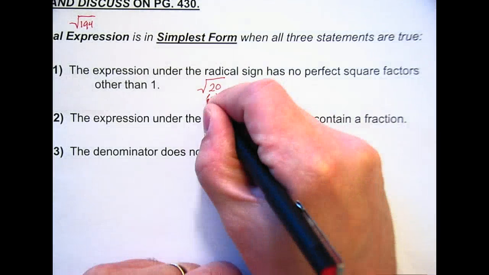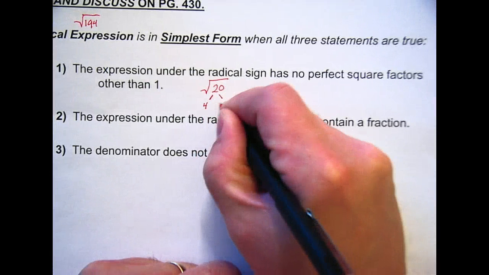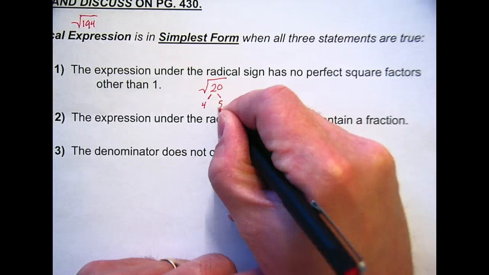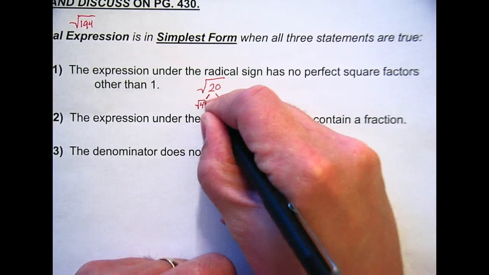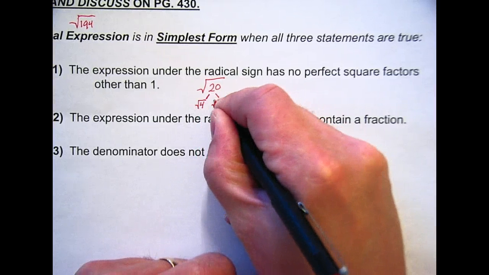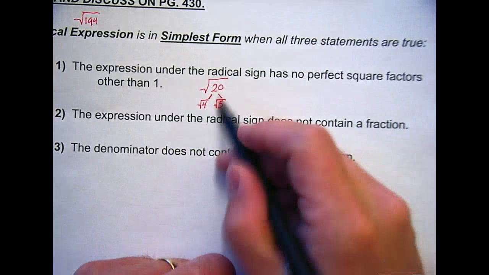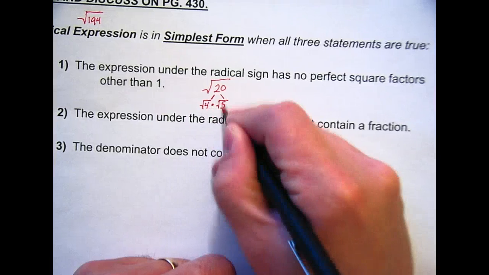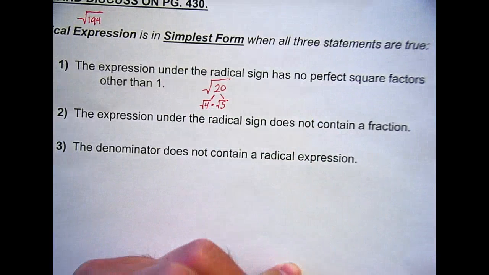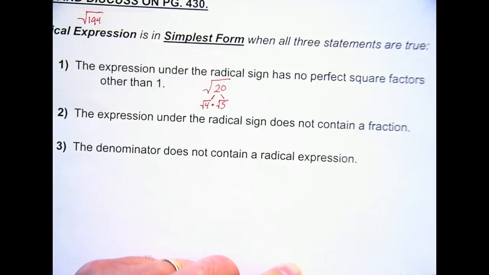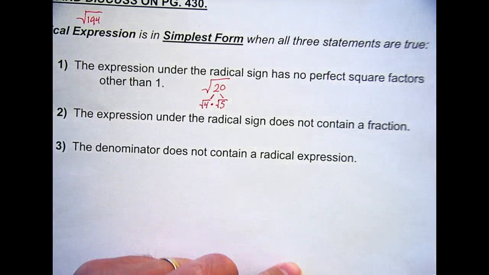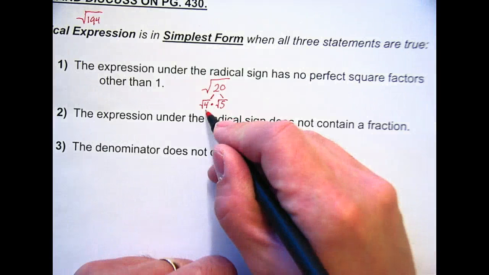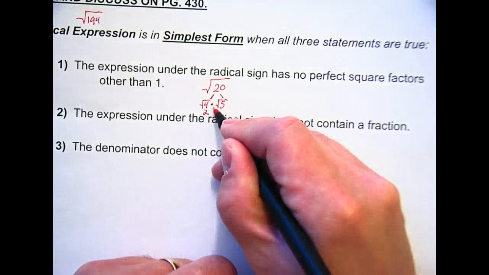We could break this into 4 times 5. And we have to put the root symbols in there as well because it's a root. So root 20 breaks into root 4 times root 5. Why? Because root 4 times root 5 is root 20. You multiply two things together, you get that. What is the square root of 4? It's 2, and then root 5.